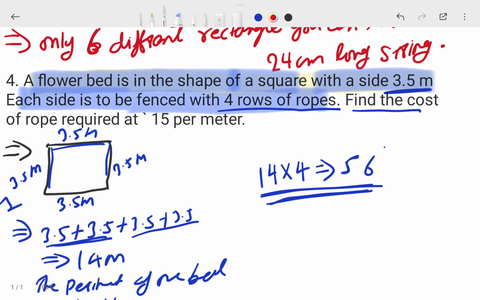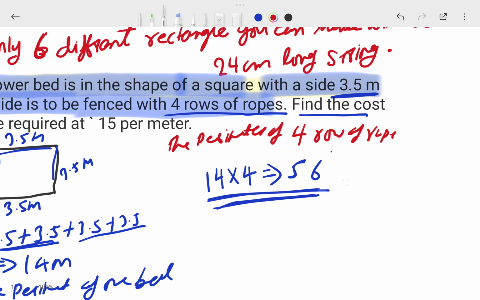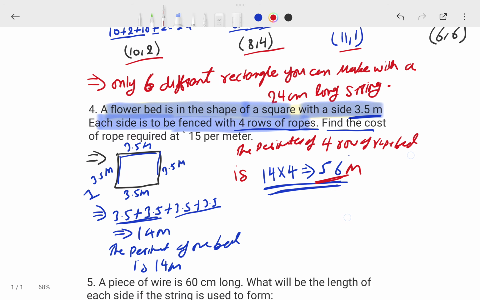Okay? So the perimeter of the 4 rows of ropes for the bed is 56 meters. Okay, 56 meters.